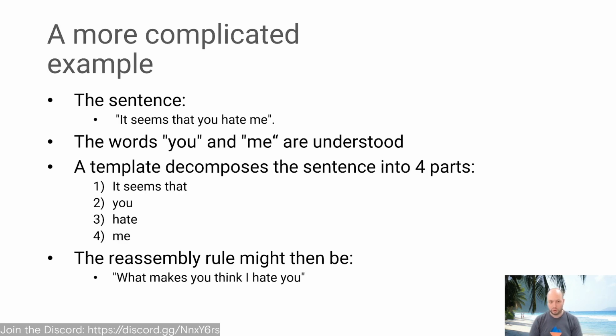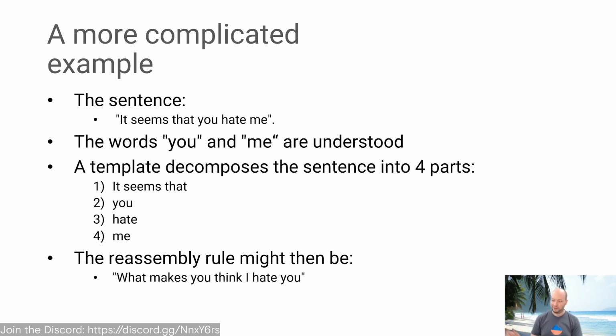But here's another, slightly more complicated example. "It seems that you hate me." The words "you" and "me" are understood, and the template decomposes it into four parts: "It seems that you hate me." Then the reassembly rule may be "What makes you think I hate you?" It's almost like a game you play as a kid: when somebody says something, you just transform what they say into some other version, and you eventually get really frustrated with you.